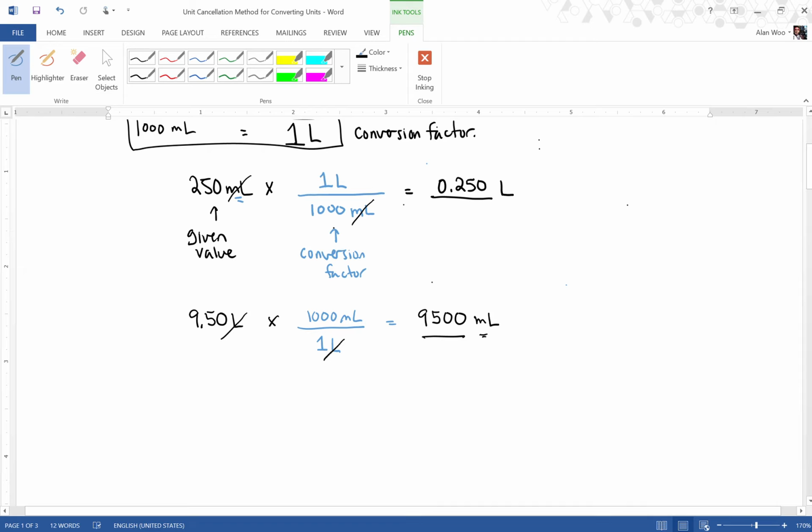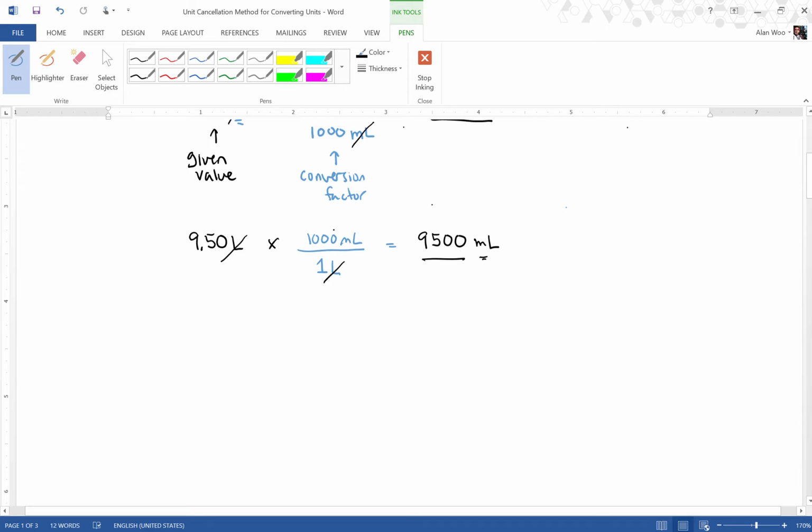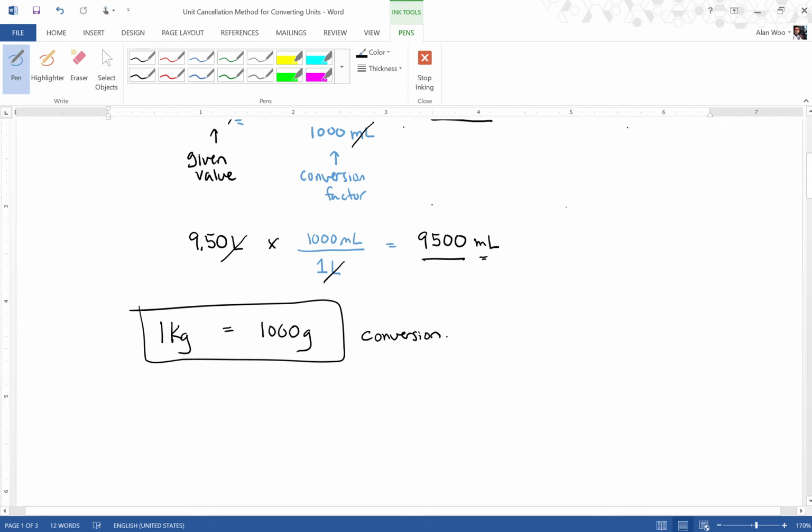The other type of unit that we also convert back and forth from is 1 kilogram equals 1,000 grams. This is another conversion factor that you should commit to memory. As long as you know what the conversion factors are, you can always convert from one unit to another.